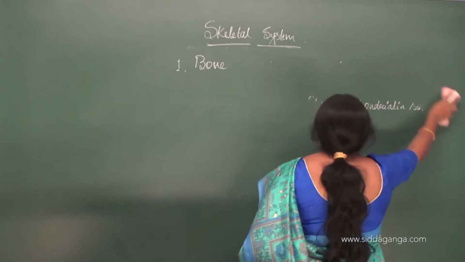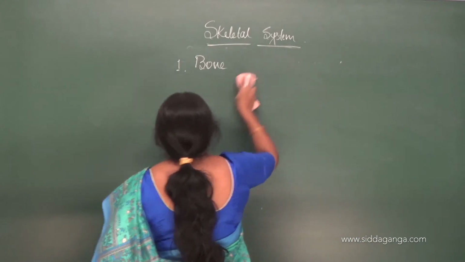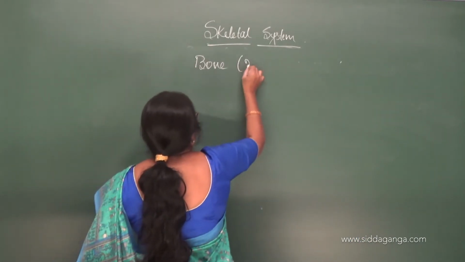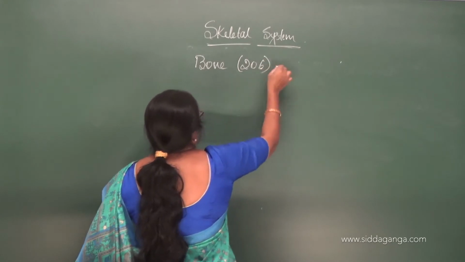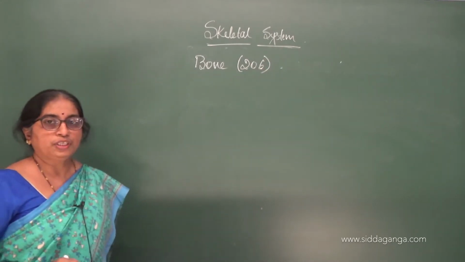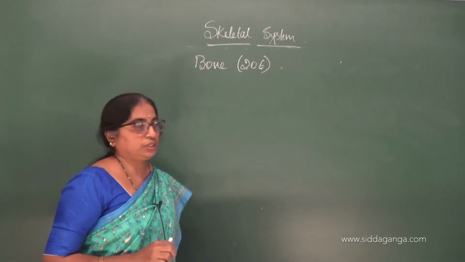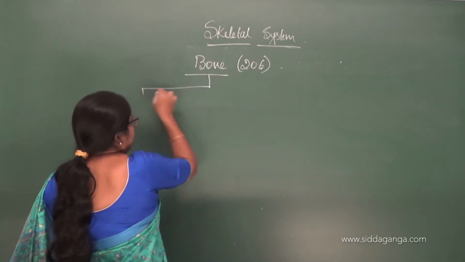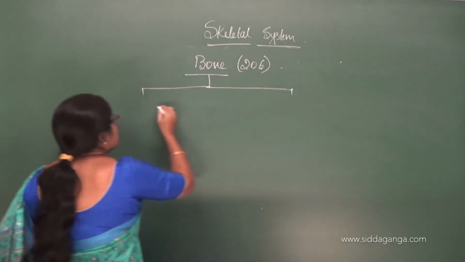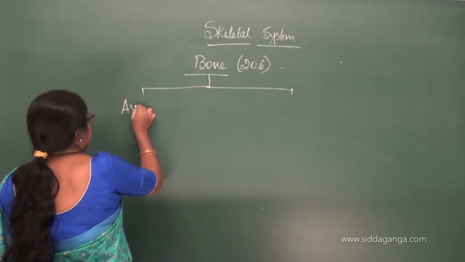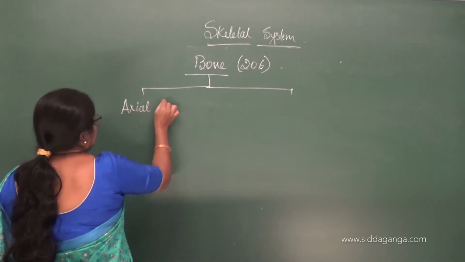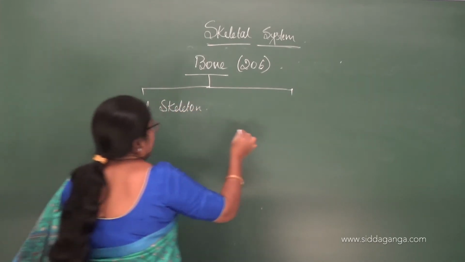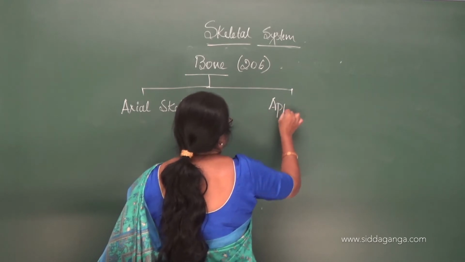Now coming to the bones. The adult human body comprises 206 bones, and these bones have been broadly classified into the axial skeleton and the appendicular skeleton.